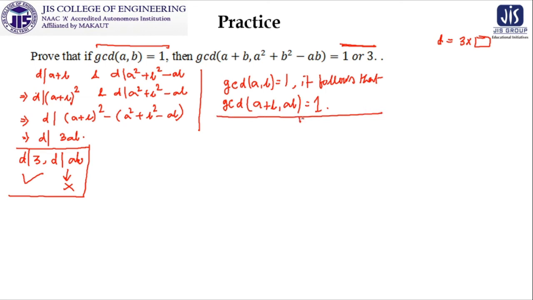This property we are now going to use to claim this one. It is our again internal calculation. D does not divide AB.